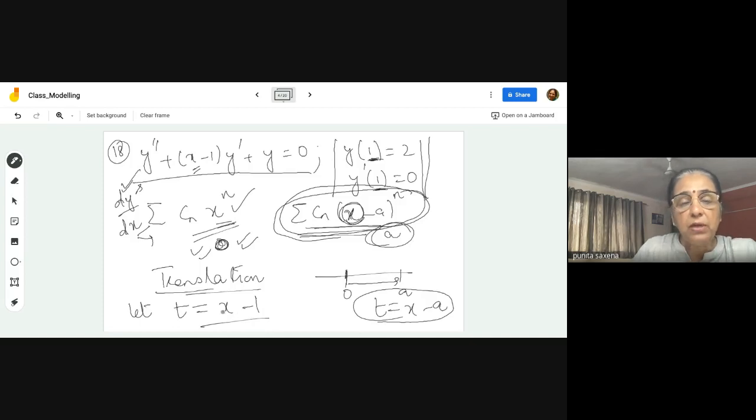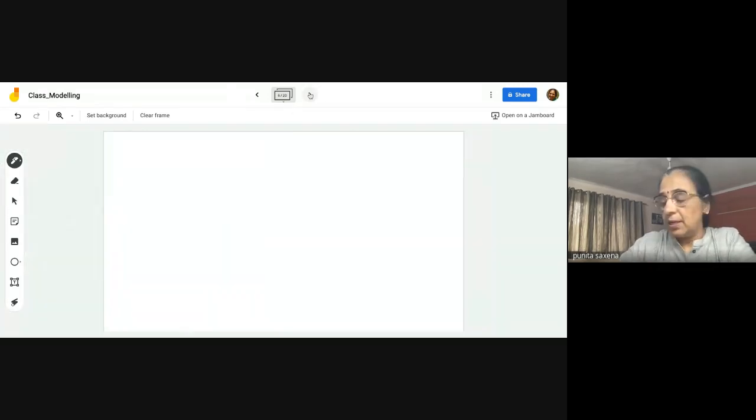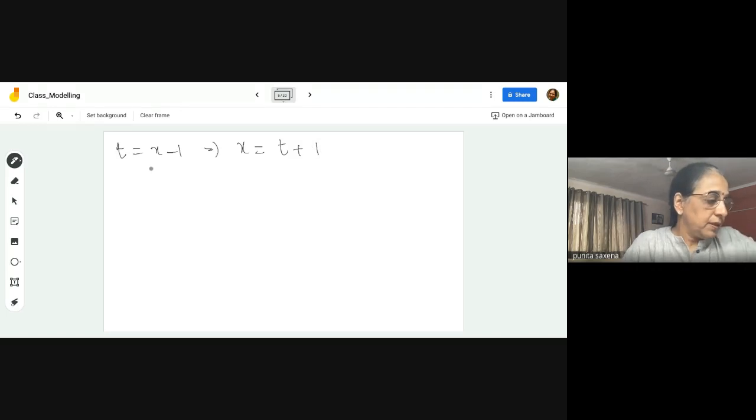The moment we translate, we are changing our x to t. Since we are changing our independent variable, the derivatives also need to change a little bit. Let's see what happens. When t is x minus 1, x is t plus 1, so dt by dx will be 1.